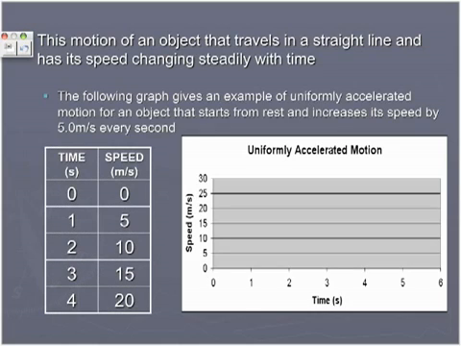So here we have our table, and we're going to graph the table. And every single second in time, the speed is increasing by 5 meters per second. So we have accelerated motion, but in a uniform fashion.